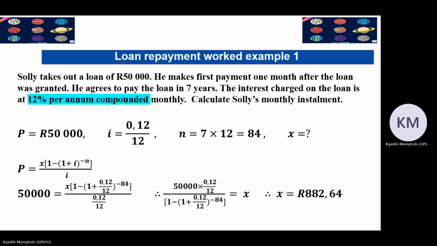Now, X: we substitute, then we cross multiply as you have seen, which means Soli will pay the loan by means of payments of 882 rand 64 cents for 84 months, or he will make 84 equal payments without missing.